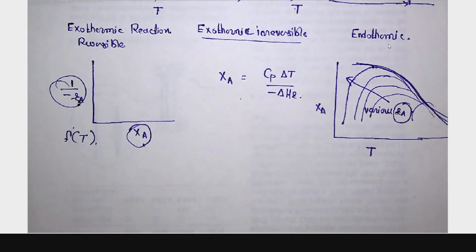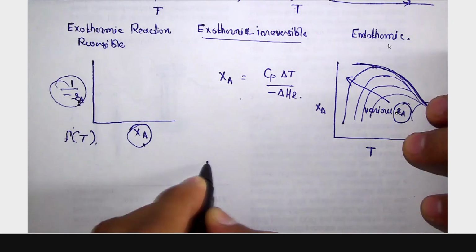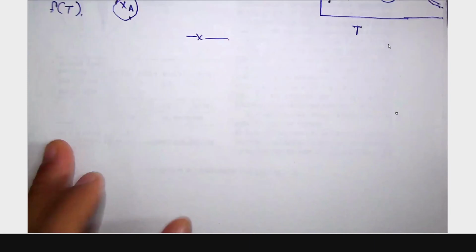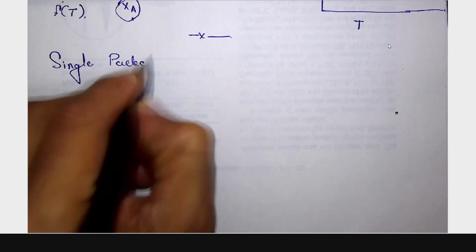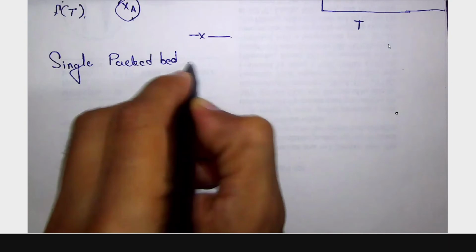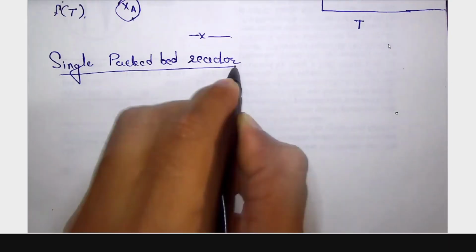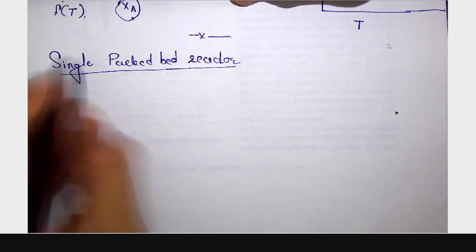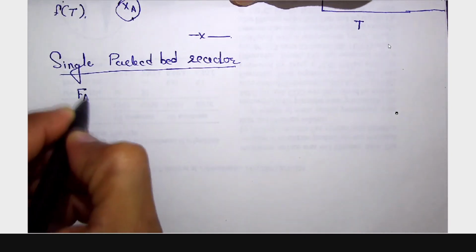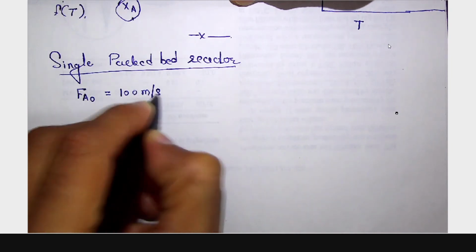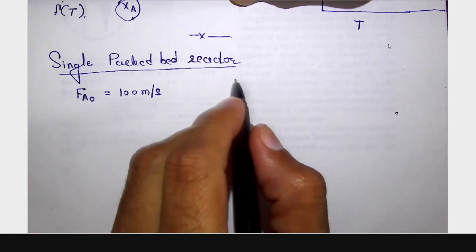So we'll go for one simple set of parameters and go for the example. So that single reactor, here we are treating this using this reactor with 100 moles per second of reactant. First order reaction.